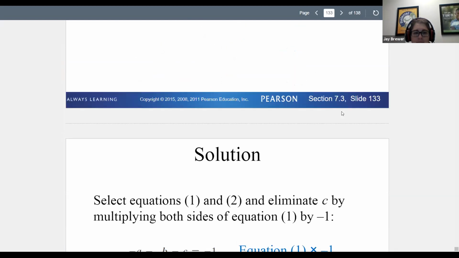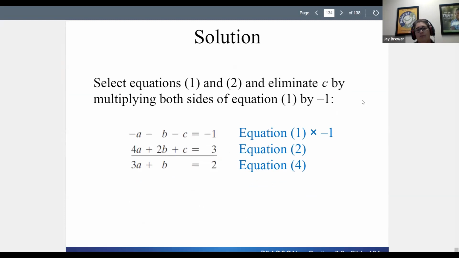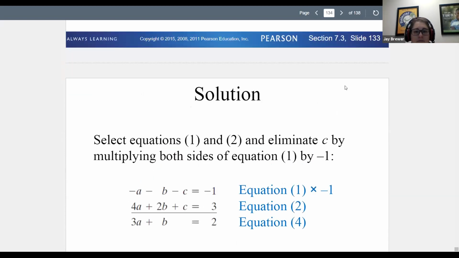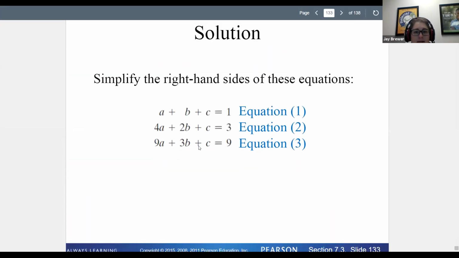Okay. All right. Now comes the fun part of eliminating. Okay. So they're choosing to eliminate C, which if you go back here, why is C the best option to eliminate? Take a look at those 3 equations.